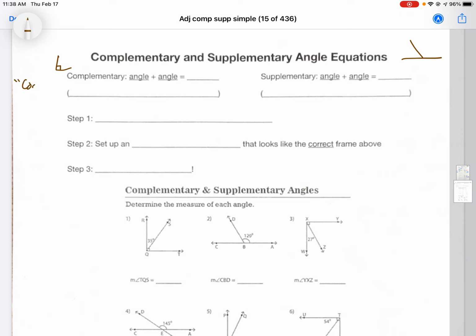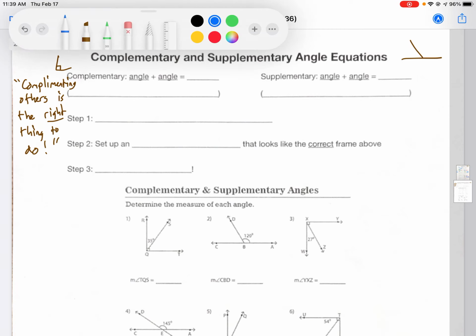Remember my little trick for how to remember that: complimenting others is the right thing to do. Complementary angles come together to make a right angle.